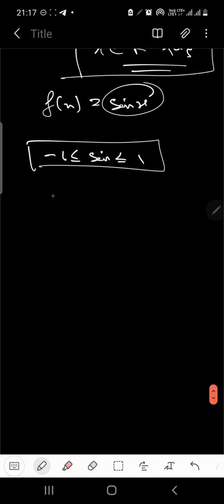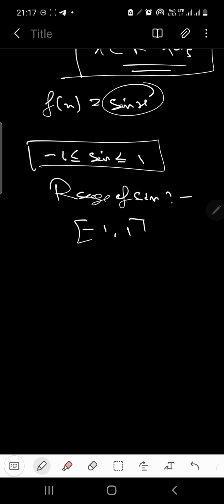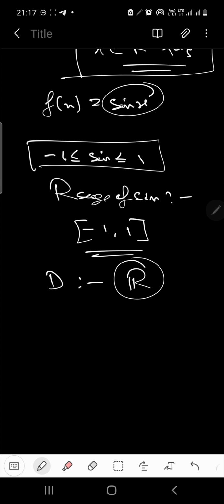So the range of sin x becomes the closed interval -1 to 1. Clear? This is the range. What is the domain of sin x? The domain of sin x will be all real numbers. I guess it's clear now what is domain and range.